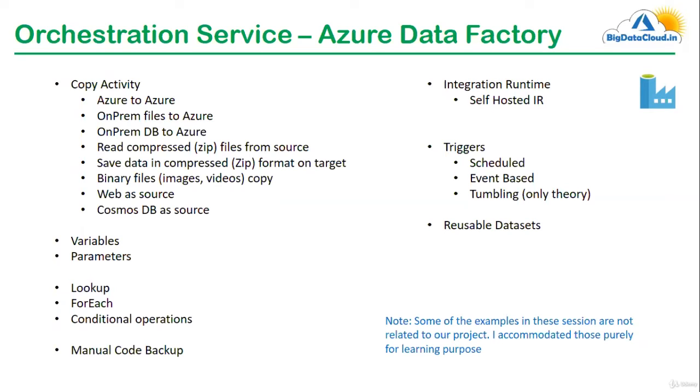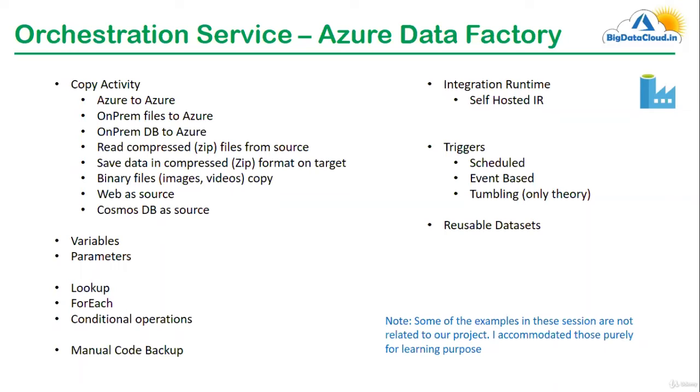We are going to create a virtual machine, which can be treated as an on-premise machine, and I'm going to show you how we can connect Azure Data Factory to the on-premise virtual machine.